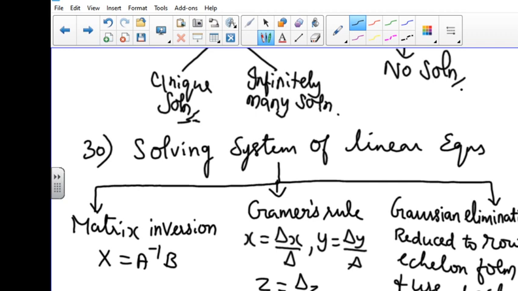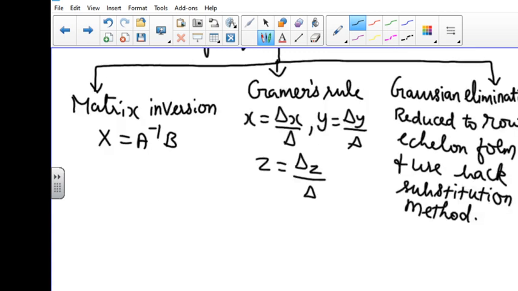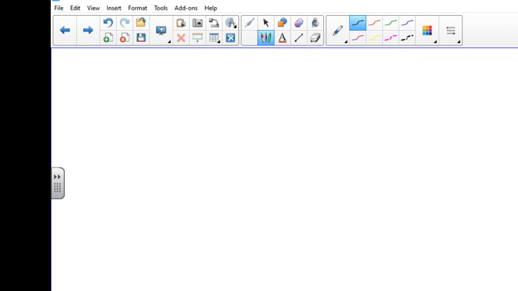One is matrix inversion, second one is Cramer's rule, third one is Gaussian elimination method. By using these three, we can solve the given system of linear equations.